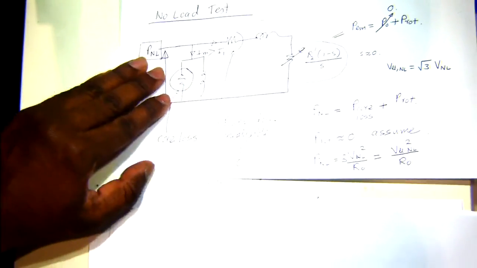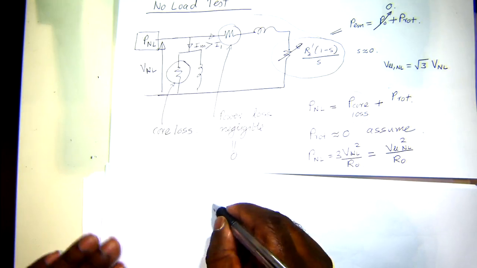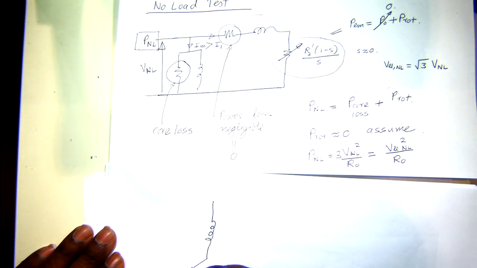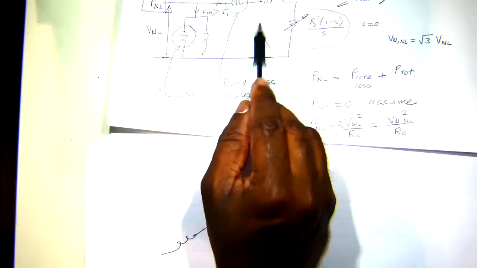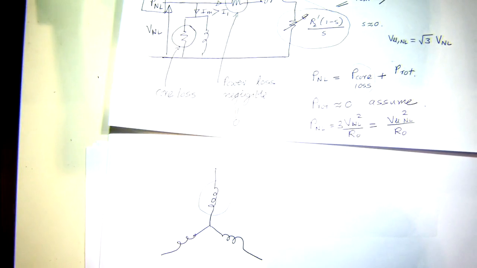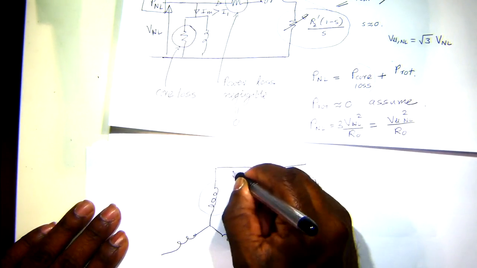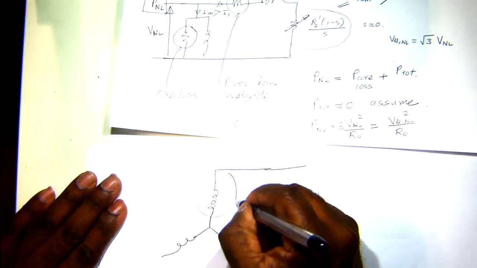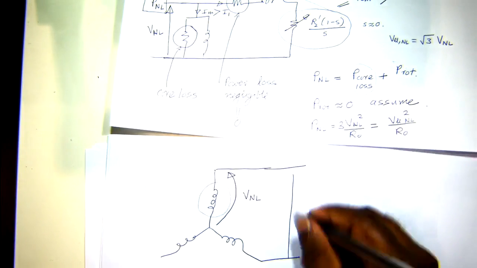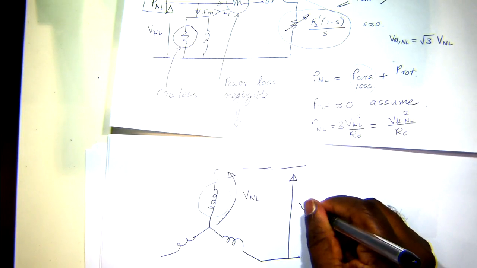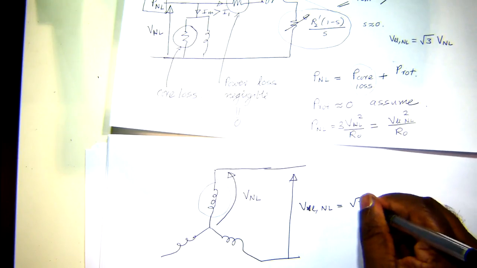Let's say this test, if the induction machine is connected in star, one of these circuits is represented by one of these elements, and then the voltage I drew here is the per phase voltage, the no load, and this will be your no load line to line voltage, which is root 3 times the no load.